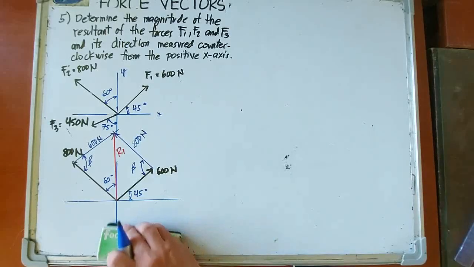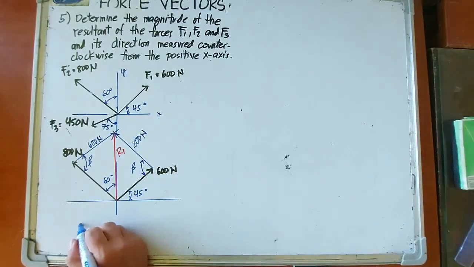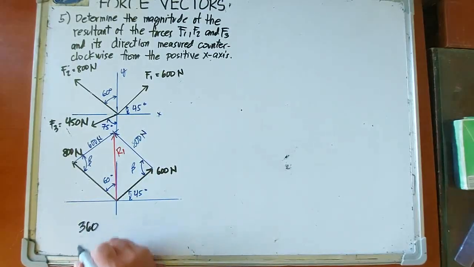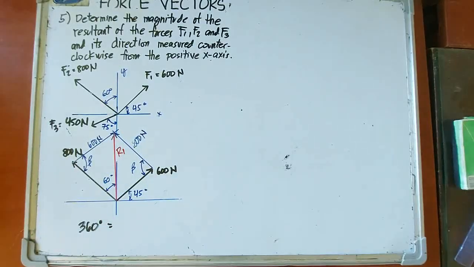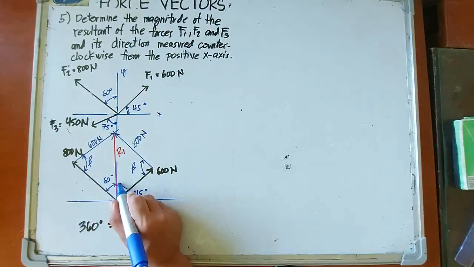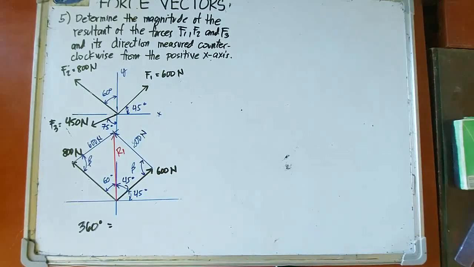So again, the total interior angles for a parallelogram is 360. So we have 360 degrees is equal to itong angle na to. Ano itong angle na yan? This angle is, so this is 45, then definitely this is also 45 degrees.